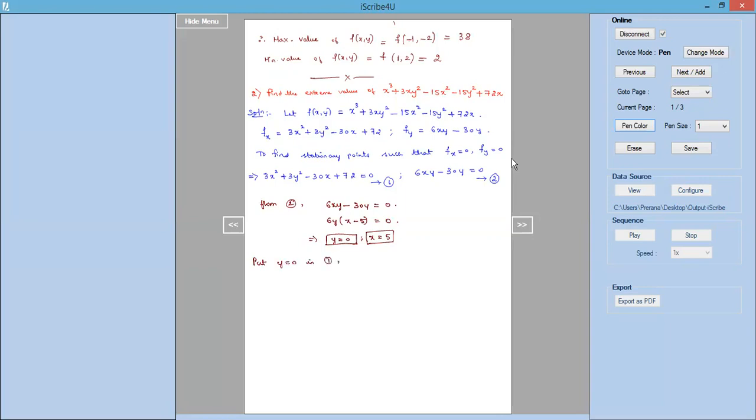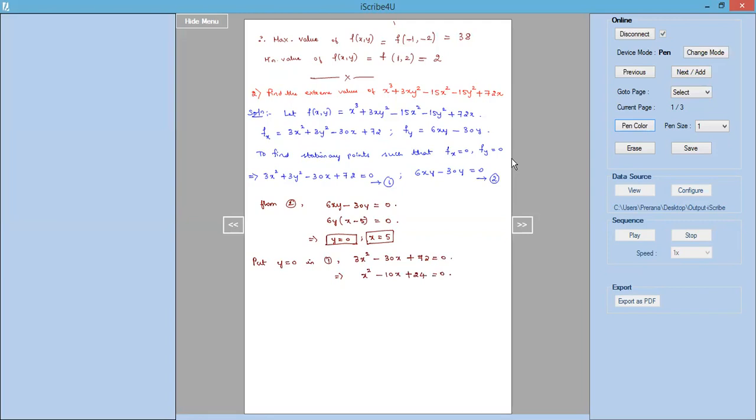So we obtain 3x square minus 30x plus 72 is equal to 0, or dividing throughout by 3, we can write it down x square minus 10x plus 24 is equal to 0.